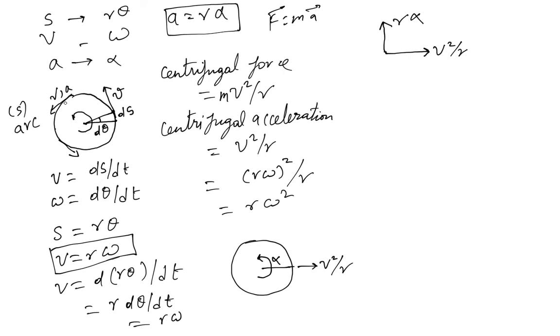This centrifugal acceleration is pulling the velocity, or the velocity is falling down toward the center all the time. So this is because of v square over r. But also there is an increase in the tangential acceleration. So this is radial acceleration, pointed radially, and this is tangential.